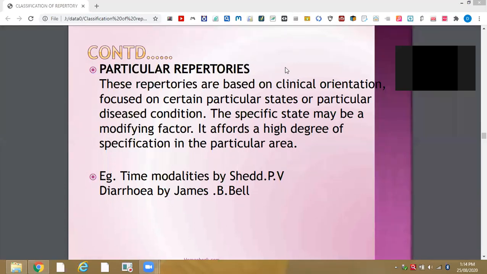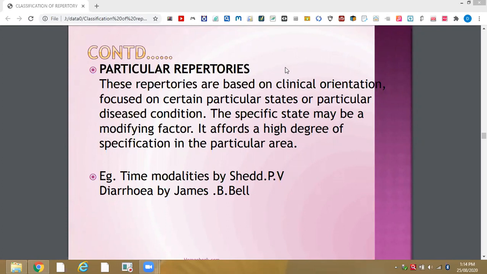These repertories are based on clinical orientation focused on certain particular states or particular diseased conditions. In short, they are based on a specific clinical or disease condition. A specific state may be the modifying factor. It affords a high degree of specification in the particular area.